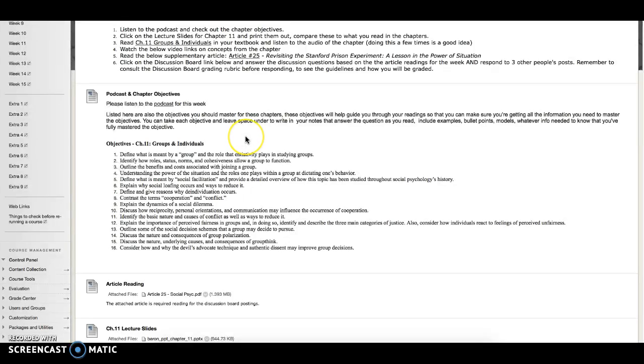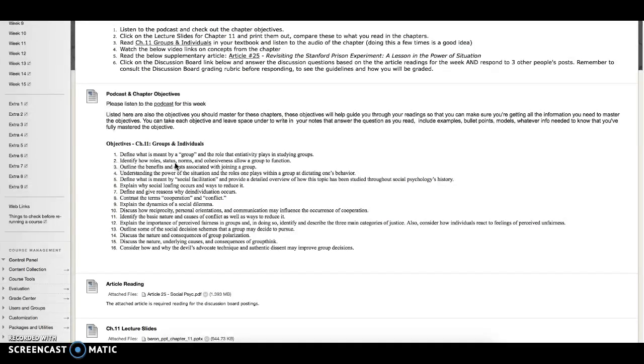This is a pretty popular chapter, mainly because it covers one of the most popular studies, the Stanford Prison Study. In the Stanford Prison Study, we're going to be looking at a lot of group dynamics, but again, it's going to piggyback on a lot of things that we've already covered earlier in the semester, especially when we talked about social cognition and how people think in terms of stereotypes.